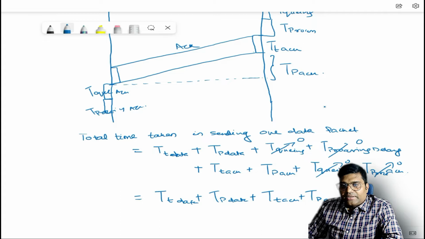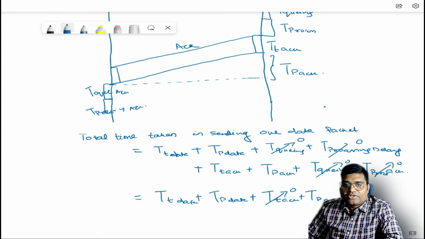We can consider the transmission delay of acknowledgement as 0 because the acknowledgement packet is very small. Obviously, if the packet is very small, then the transmission delay is considered as 0.